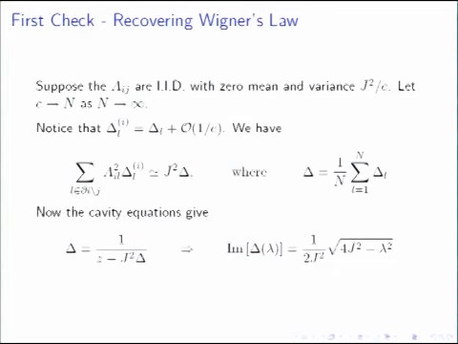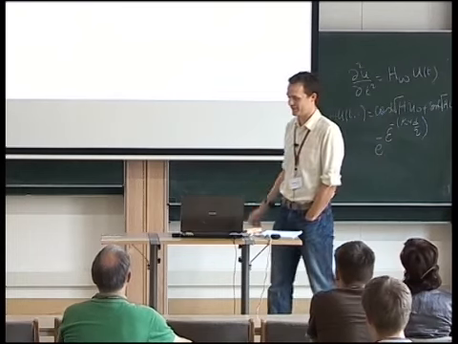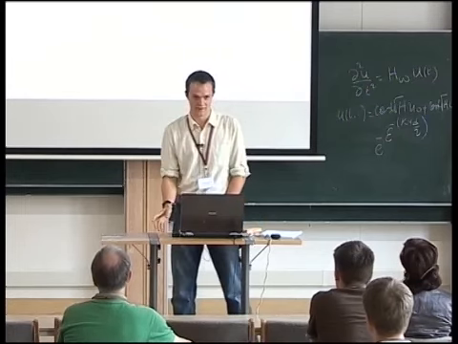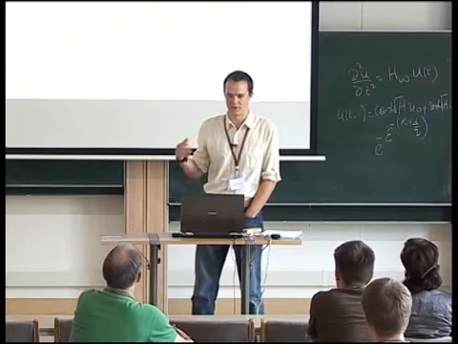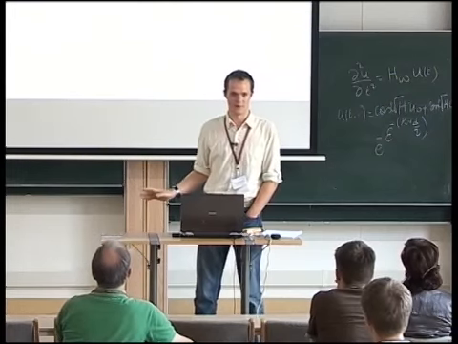The cavity equations we had on the previous slide become this simple quadratic, solve for the imaginary part, and we recover Wigner's law just like that. This isn't a proof of Wigner's law for the Gaussian unitary ensemble. This is merely showing how it can arise from the equations we've derived here.